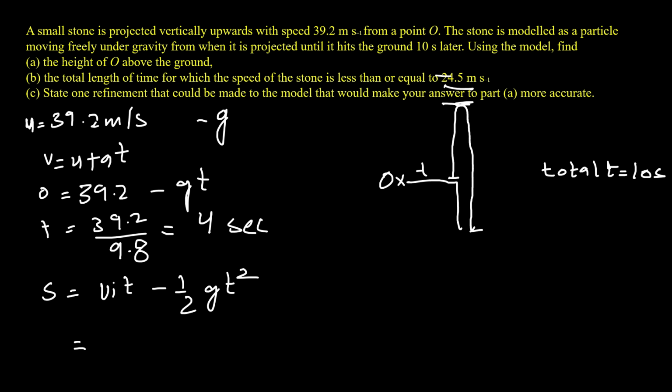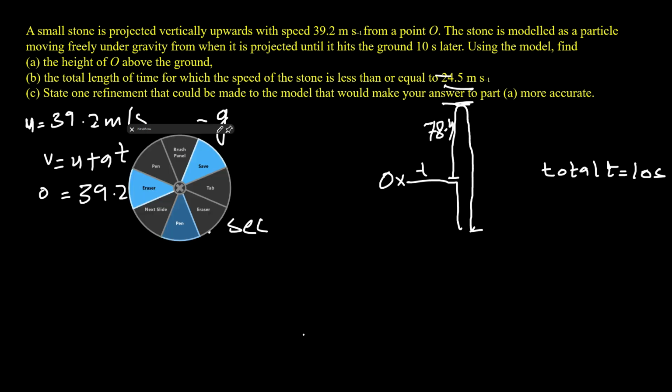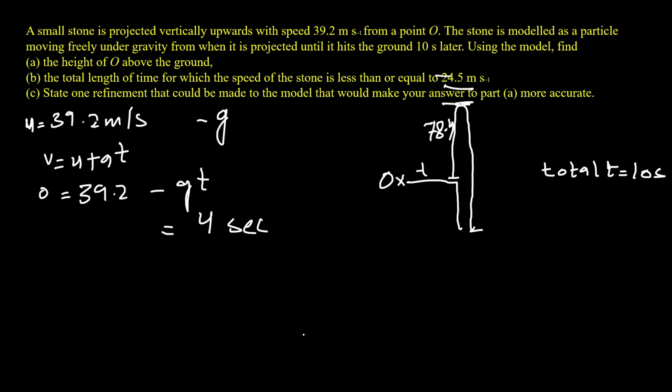I've used Vi instead of U here, so it's the same. They both mean the same thing. So this height is 78.4 meters. Okay, and it took 4 seconds to reach this height. So the rest of the time, which is 10 minus 4, which is equal to 6 seconds, it took for the stone to fall down from this height to the ground.